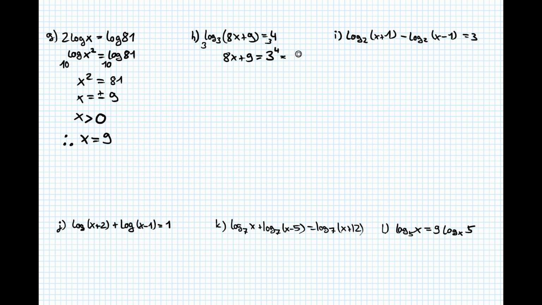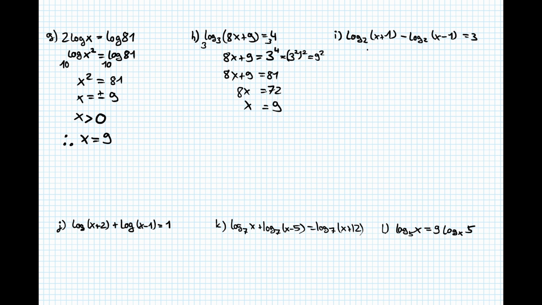Or let's write it like this first: 3 to the power of 2 times 2. And that's the same as 3 to the power of 2, to the power of 2, which is 9 to the power of 2, and that's 81. So 8x plus 9 is equal to 81. Subtract the 9, 8x equals 72, so then x is equal to 9.